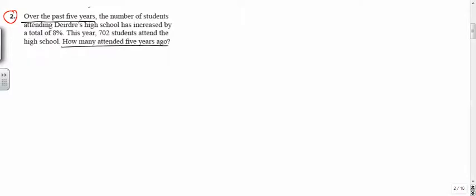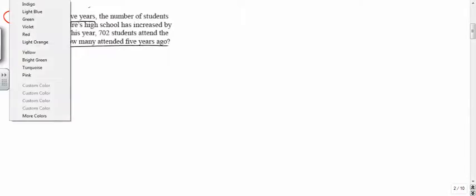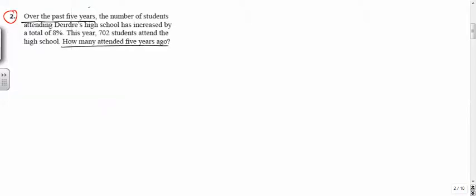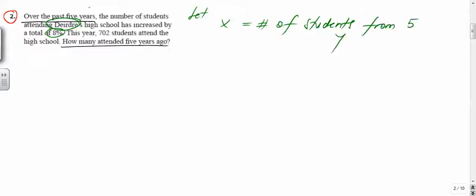Over the past 5 years, the number of students attending Deirdre's High School has increased by a total of 8%. Okay? So whatever the number of students, let x be the number of students from 5 years ago, right?